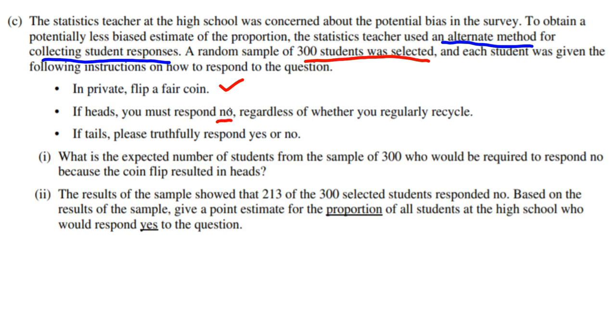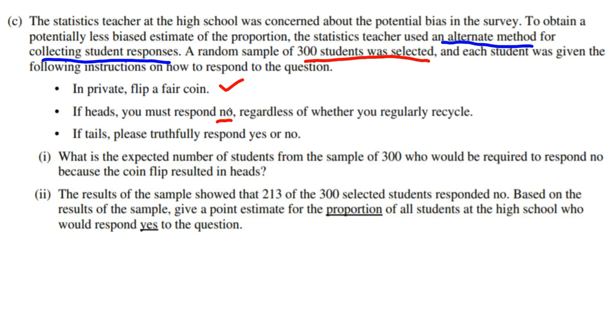Now, if you think about that, right? Let's say I go home and I flip a coin and I get heads, then I know when the teacher asks me, do I recycle plastic bottles? I'm going to say no. I'm protected in a sense. As a student, I'm not going to worry about my teacher judging me, because my teacher doesn't know if I said no because I got heads, or because I really don't recycle plastic bottles.